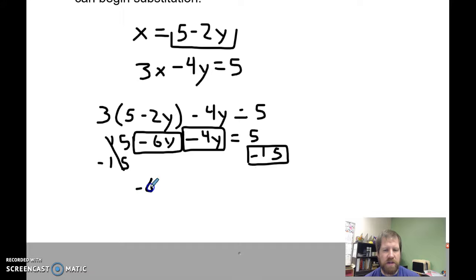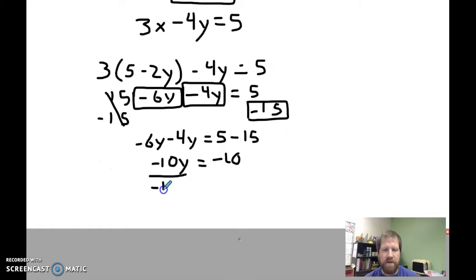So I have a negative 6y minus 4y is equal to 5 minus 15. I have a negative, and I'm subtracting something from it, which means it's going to become a larger negative. So negative 6 minus 4 becomes negative 10y. 5 minus 15 is negative 10.